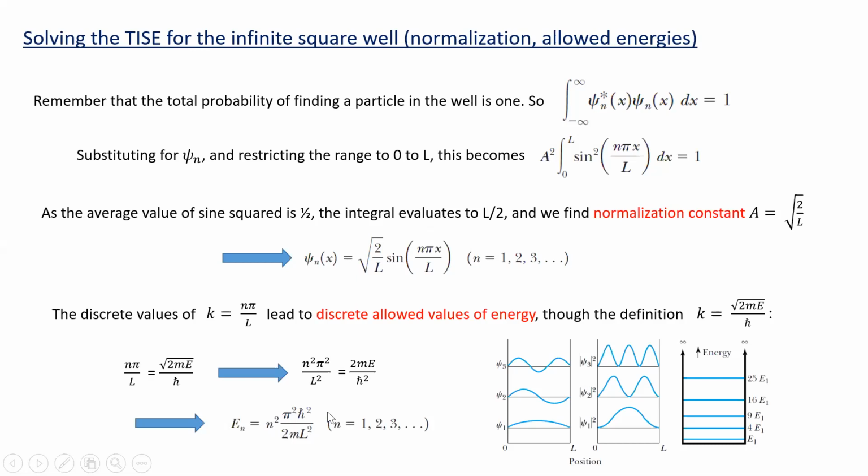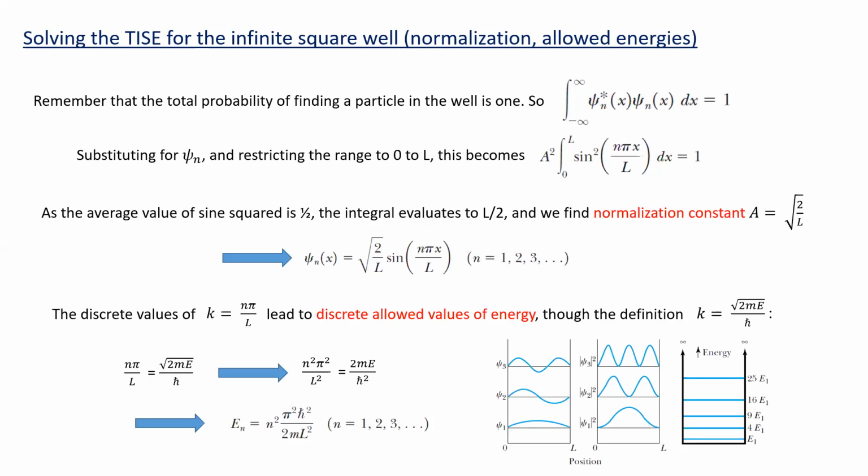And when n is 3, it's 9 times E1. So that would be these three, and then 16 and 25 and so forth. So the energy goes up as n squared, and it's quantized. That's why we have this name quantum physics and quantum mechanics, because the energy can only take on certain allowed or quantized values.